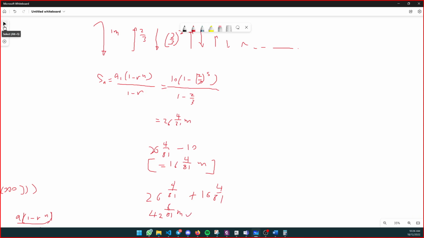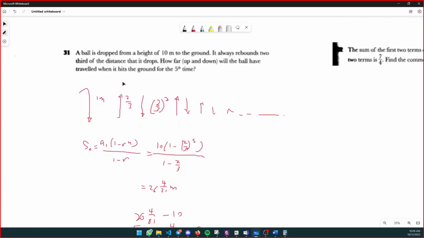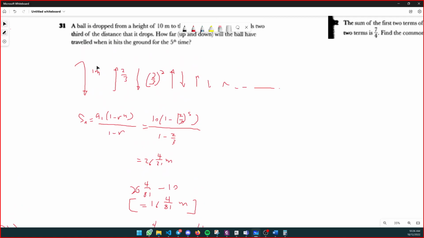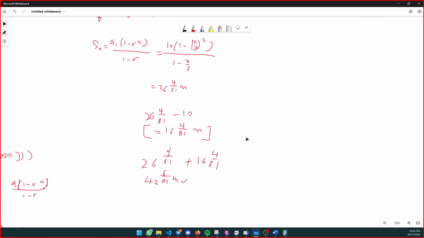Why again? We have to remember the distance the ball drops. Every time it drops, we are calculating by 2 over 3. So the upward is 2 over 3 and the downward is also 2 over 3, so we're taking that value. We're trying to find this 26 4 over 81, and we found it already.